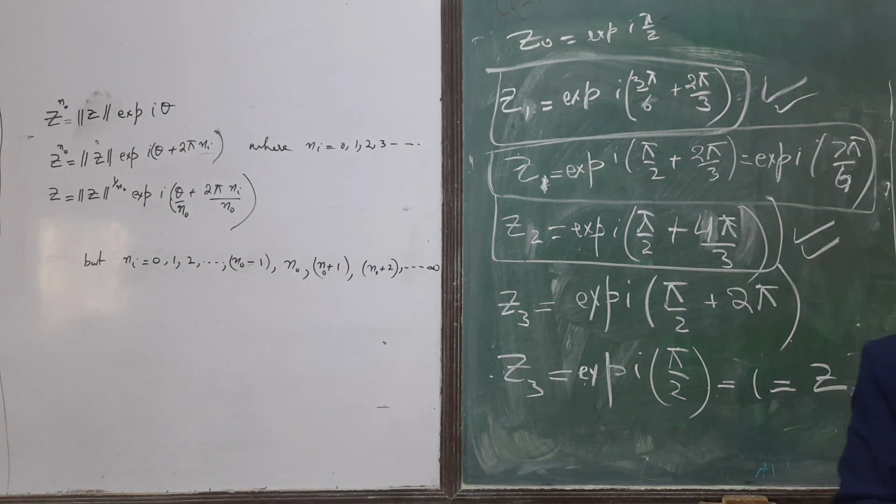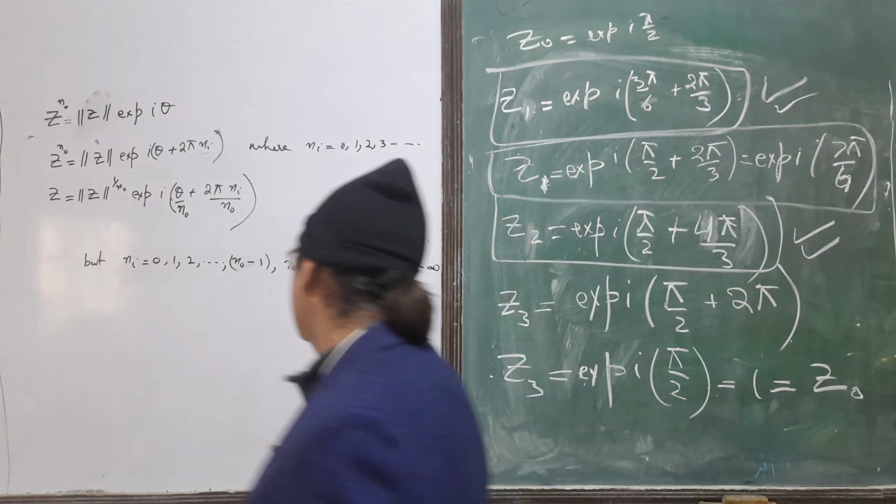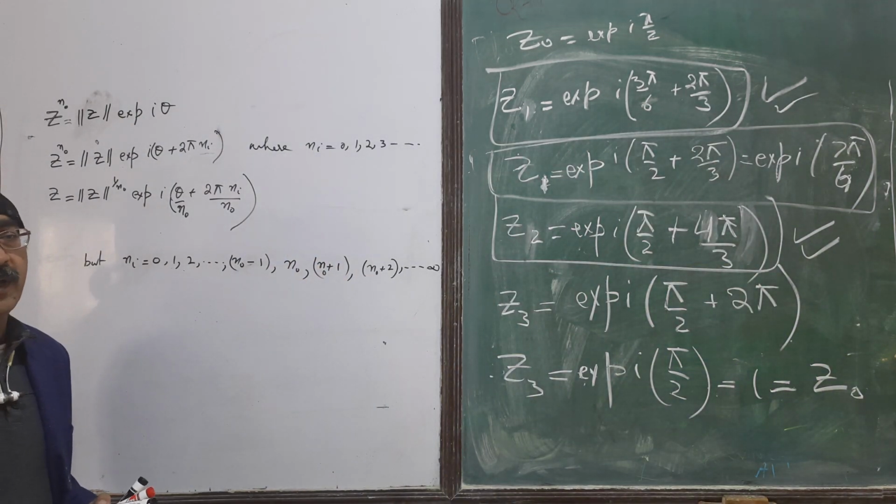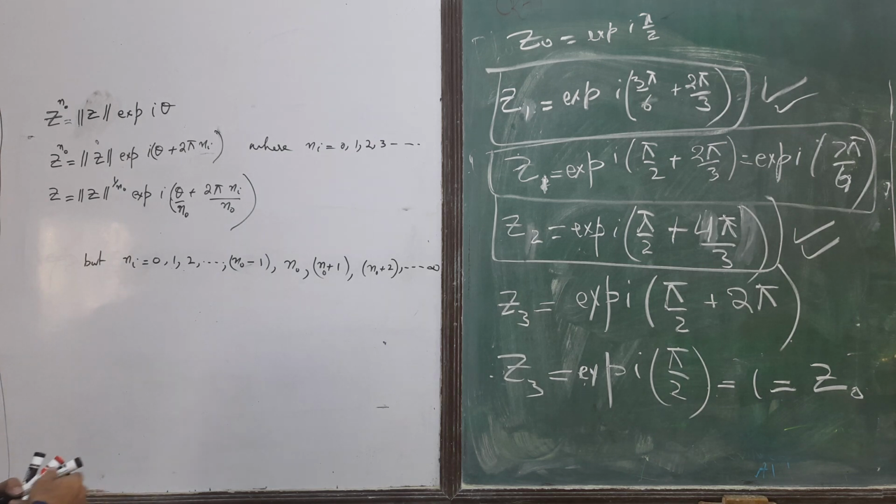Okay. Yes, may write in this way. Some n may be a 3, n may be a 0, n may be a 1, whatever. There are many possibilities. Okay. This can be written in this way.